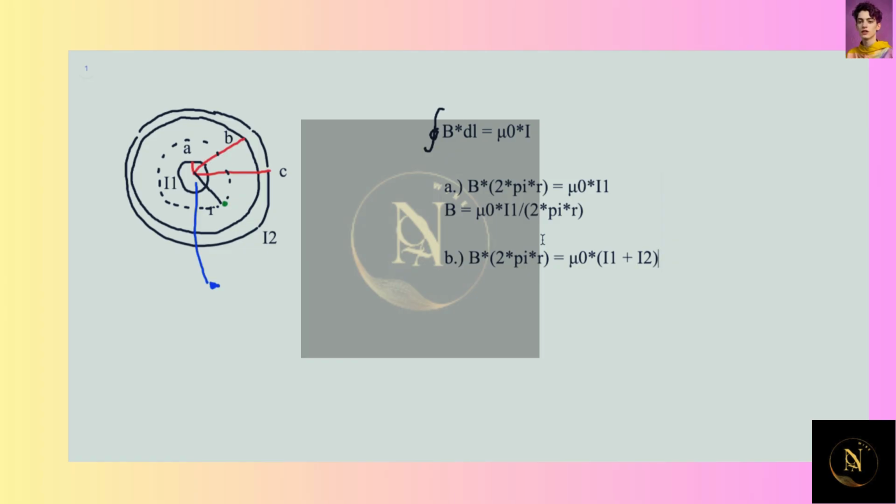The question doesn't specify, but since they're in the same direction, we can simply add them. And that means that when we solve this for B, we get B equal to mu naught times I1 plus I2 divided by 2 pi R, where now R is outside of the cylinder.